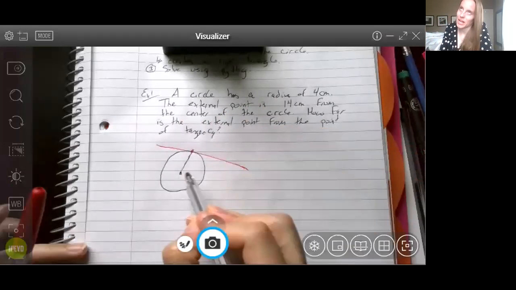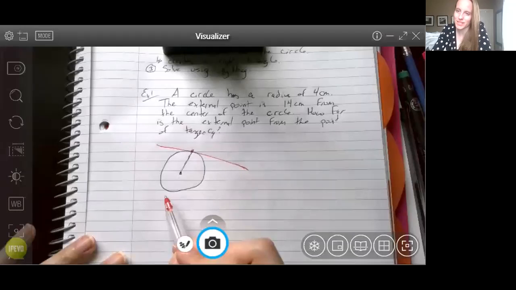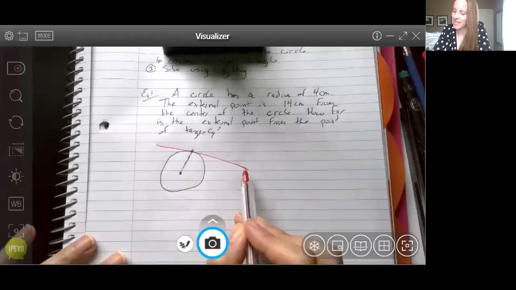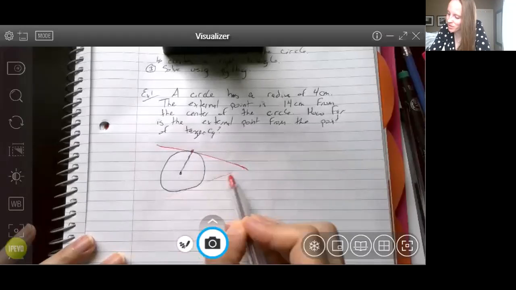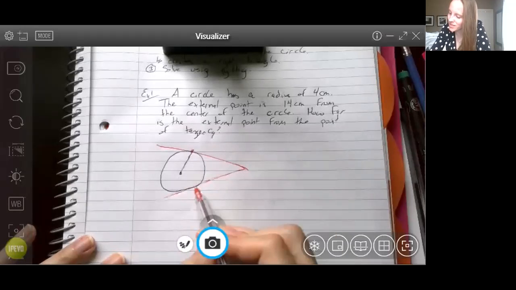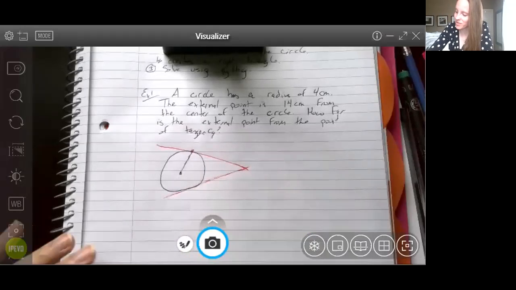Now, technically to do this, I should have 2 tangent lines that are meeting at an external point so I can tell exactly where it is. You're only actually going to need one of these tangent lines, but I'll draw them both in just for completion's sake. So this is my external point then.